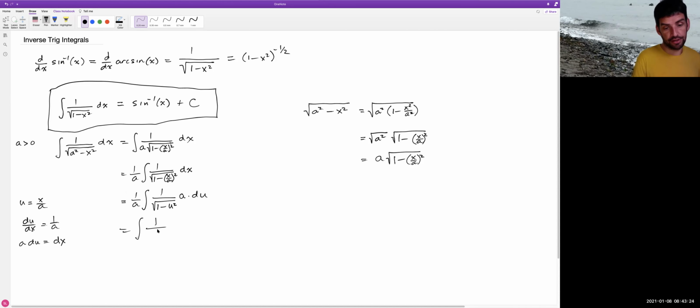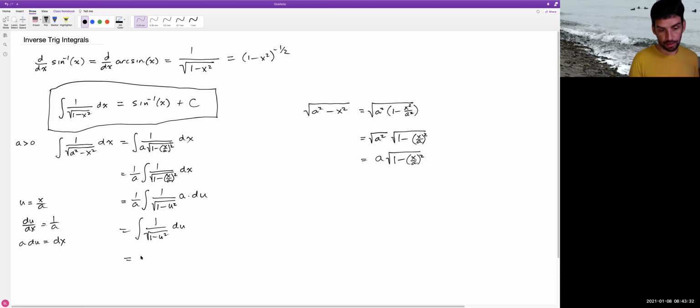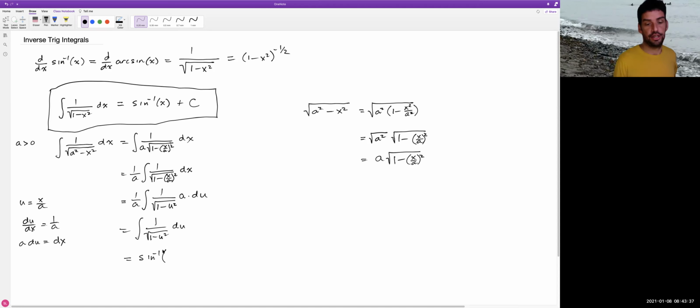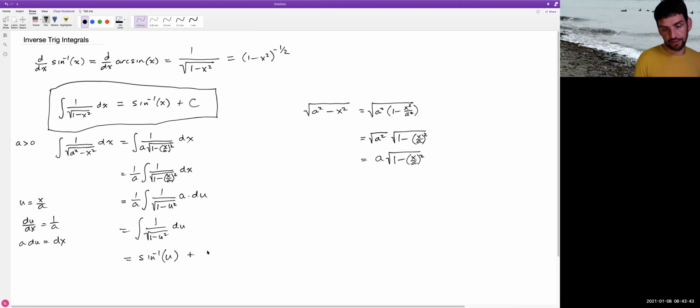And what I'm left with is this, which we now know to be, thanks to the rule up above, sine inverse of u plus c.